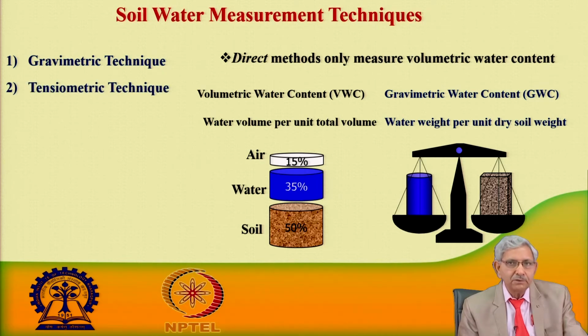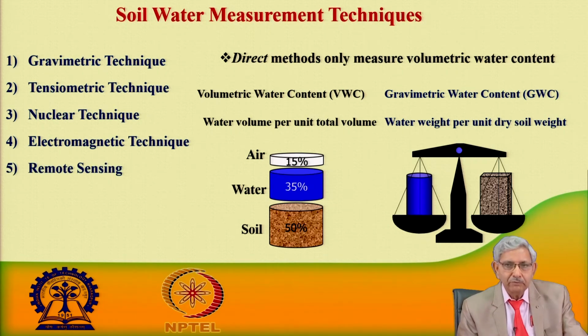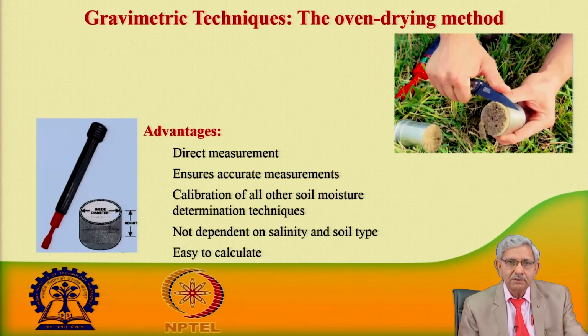There are different methods to monitor: the gravimetric technique, the tensiometric technique, the nuclear technique where radioactive materials are used, and electromagnetic principles, which are applied to find out the soil water content. Then remote sensing is another way, monitoring the soil water status without coming in contact with the soil or the object.